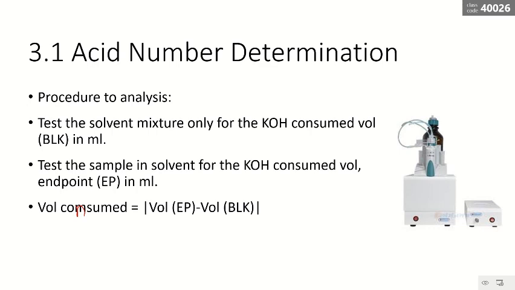And since the acid and the alkaline react in equal amounts of molecules, basically one molecule of the acid will consume one molecule of the alkaline to neutralize, right? That's called titration for this case. They will build a correlation in between. We are going to use this correlation to calculate or to determine the acid number.